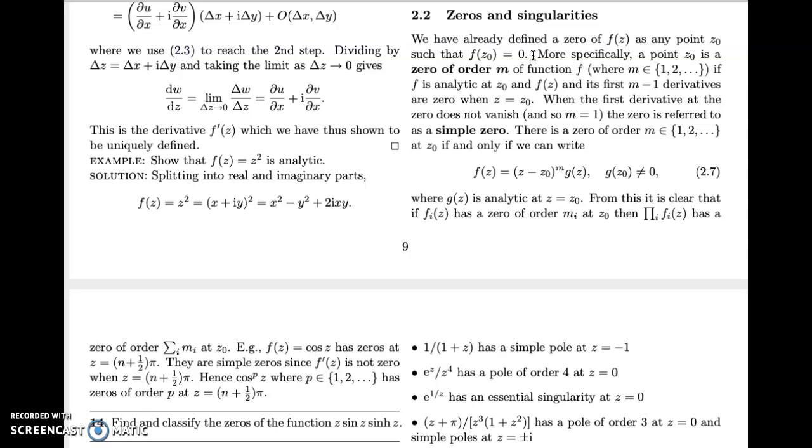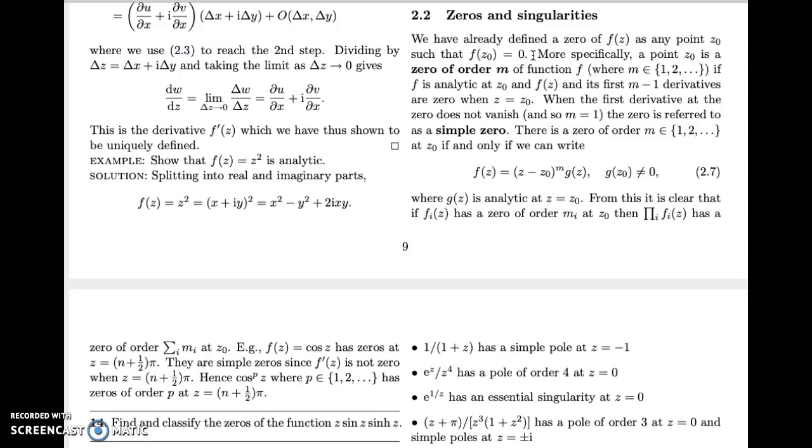And singularities are basically when you have 1 over 0. So we need to study zeros in detail. Once we understand zeros, then singularities are, in some ways, very similar. Or the way you classify singularities is very similar to the way you classify zeros.